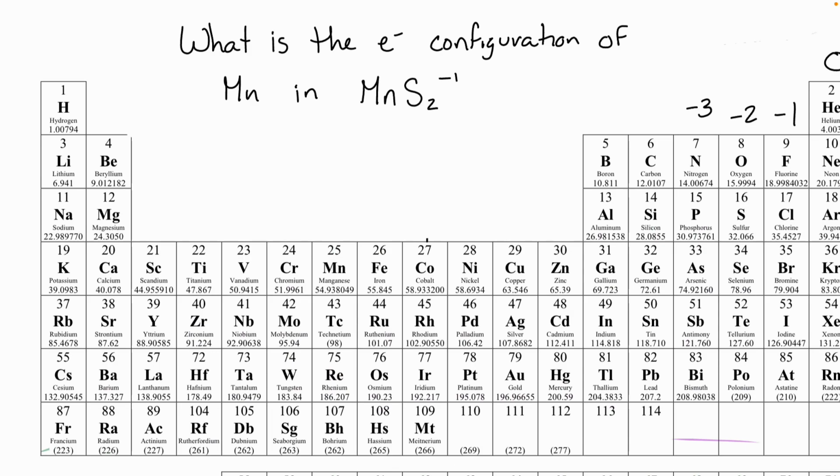Rolling it all together here. All right, so first you'll have to figure out what the oxidation number of manganese is, and then you can build its electron configuration. Once you know that charge, once you know how many electrons to remove.